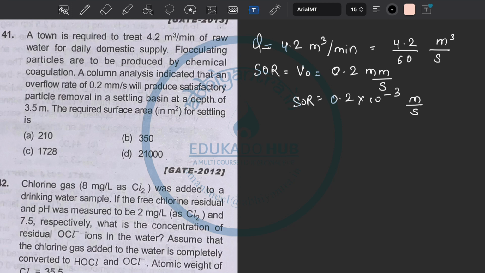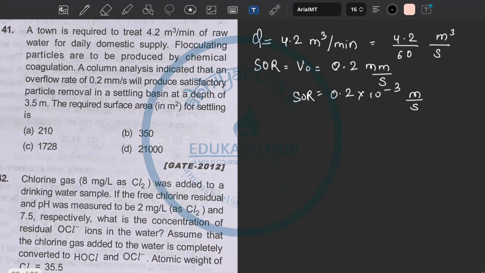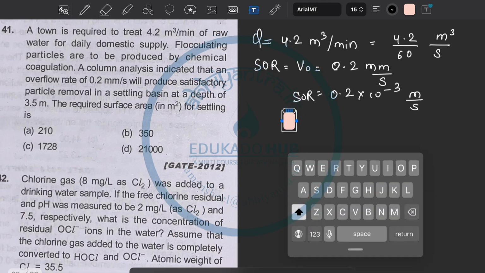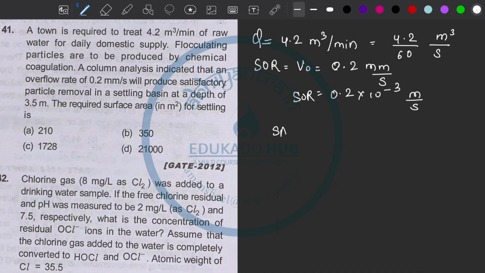So we got the surface overflow rate here. If I want to calculate the surface area, that will be nothing but Q upon SOR. Q is 4.2 divided by 60 and SOR is 0.2 into 10 to the power minus 3. Surface area will come in meter square.